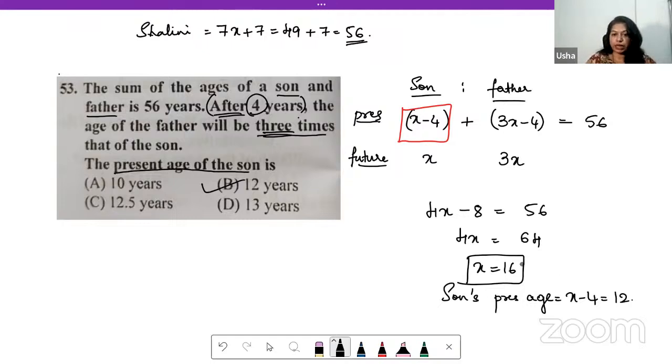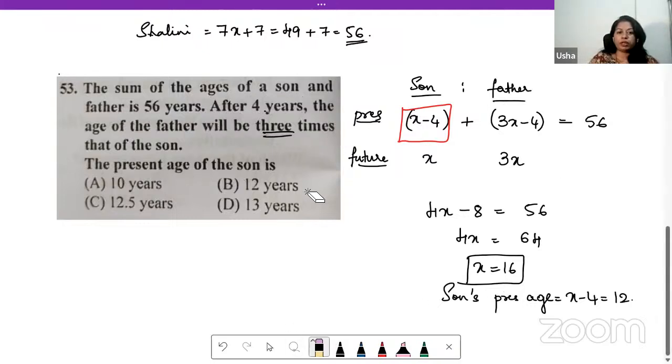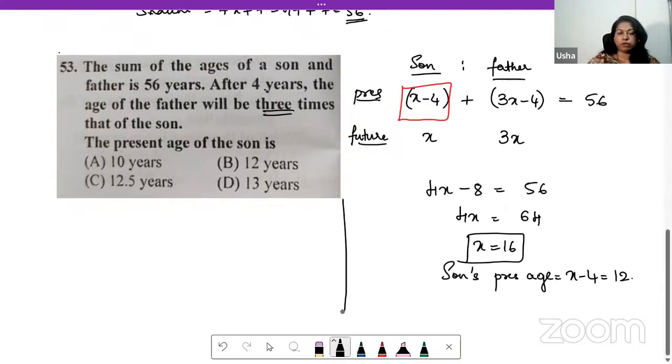And then once you find the X value, you can find whether you want the son's age or the father's age. Suppose you don't want to solve it like this. If you want to frame equations and solve, you can also solve it alternatively by framing equations. What is that? The sum of the ages of son and father is 56 years. So S plus F is 56.